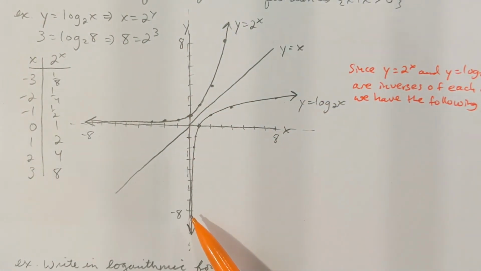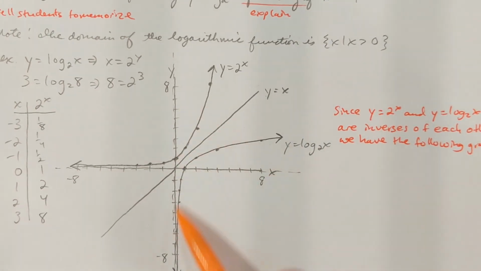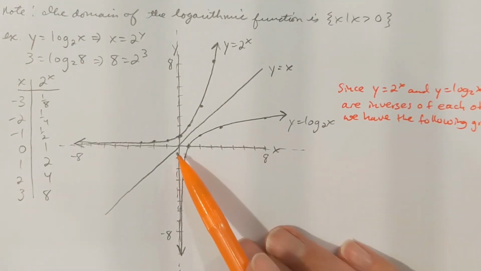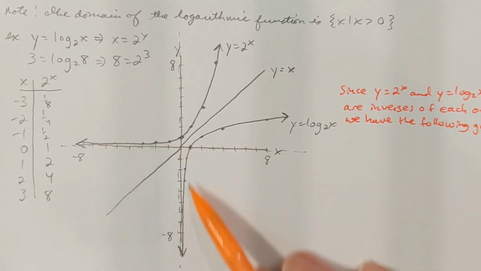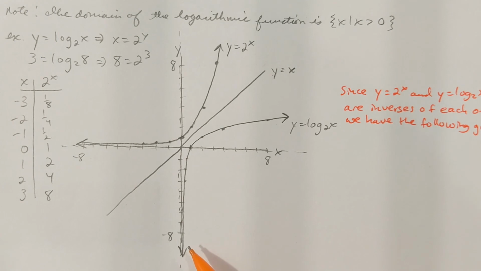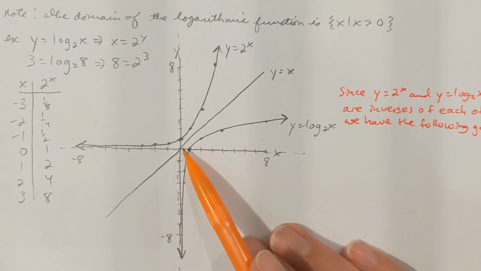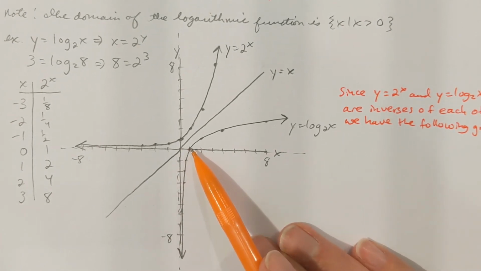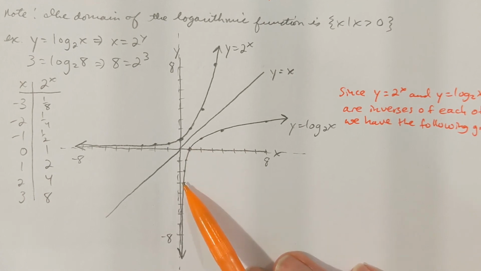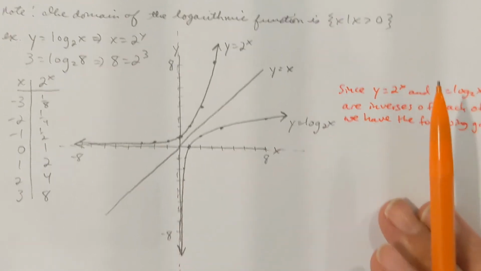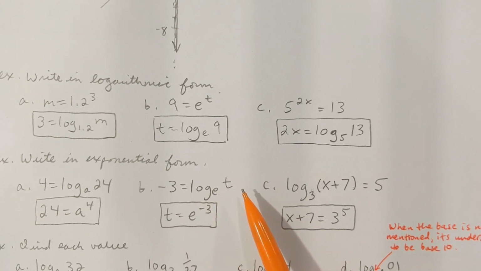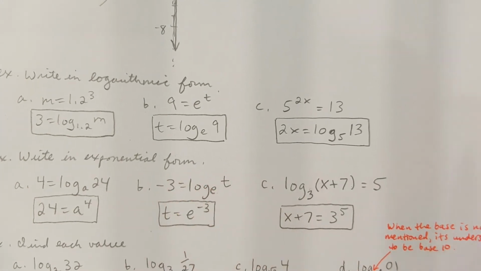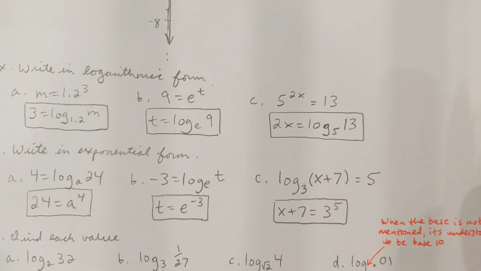So x can't be 0, because I've got a vertical boundary there. X negative? Well, I don't have any graph on the negative end of the x-axis. But if x is between 0 and 1, I'll be plotting a point below the x-axis, and so y would be negative. So be careful about that. You can't have a negative going into the calculation, but you can have a negative coming out of the calculation. That'll happen here and there.